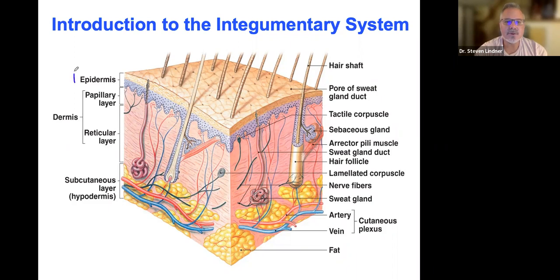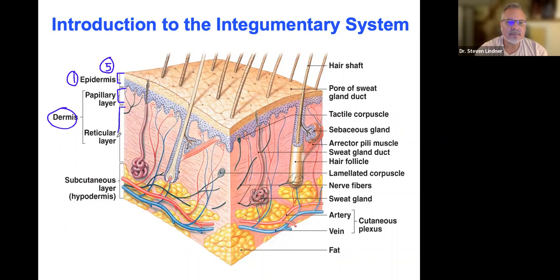We have the superficial layer that's called the epidermis. That's this upper portion. And the epidermis we will divide into 5 microscopic levels, which we'll talk about shortly. The dermis only has 2 levels. It has this superficial 20% called the papillary region or papillary layer.